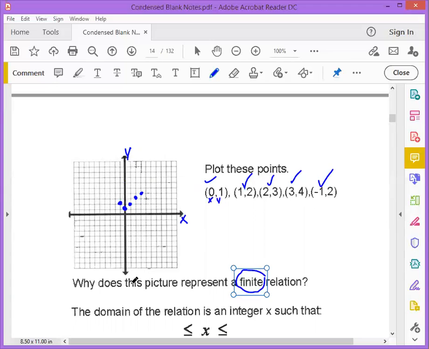Now, is this representative of a finite relationship? Yes, we can count the 1, 2, 3, 4, 5 points that are here. There aren't an infinite number of points, so yes, this is finite.